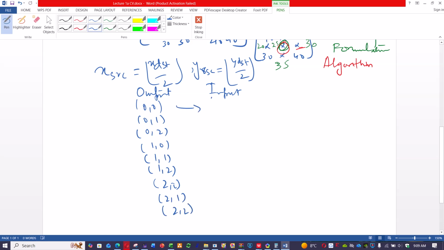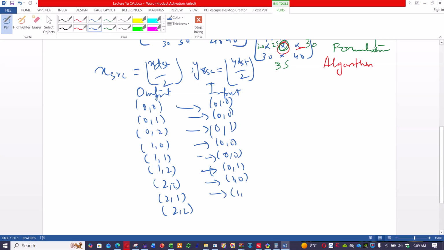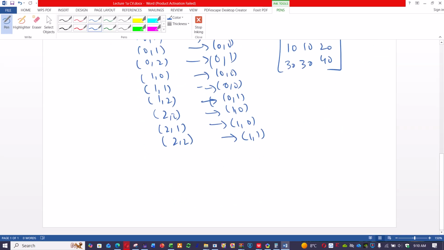They would go to 0 0, 0 0, 0 1, 0 0, and so on, then 0 1, 1 0, 1 0 and 1 1. If you use this formulation, this would be 10, 10, 10, 10 and then 20, 30, 30 and 40. So these were some simplified cases.